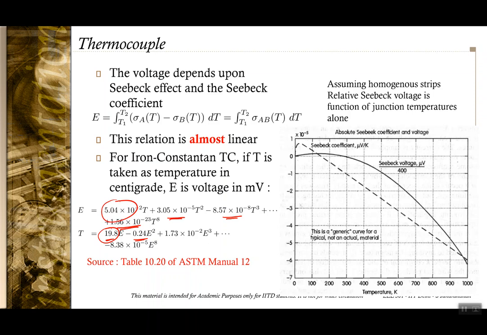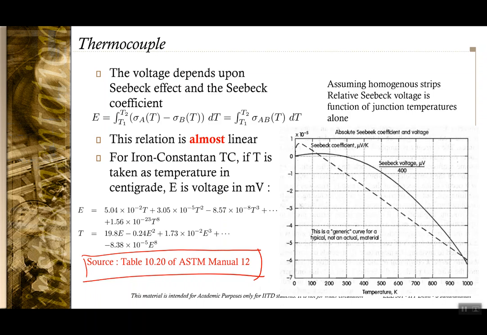However, it should be kept in mind that this linearity is not absolute, because as temperature increases, these higher order terms will also matter. However, for most practical purposes and in most relevant temperature ranges, the E versus T relationship can be taken to be linear. This is taken from ASTM Manual 12, table 10.20.